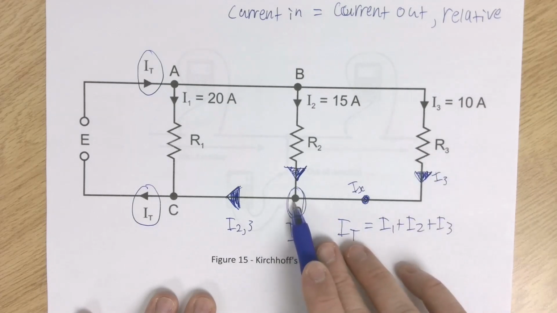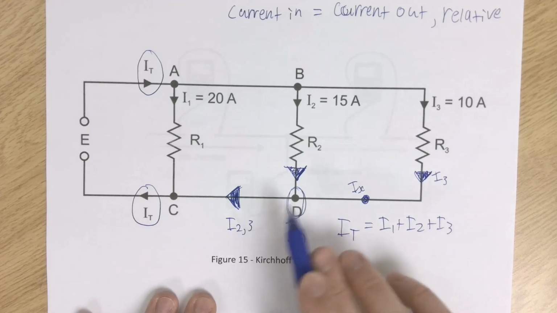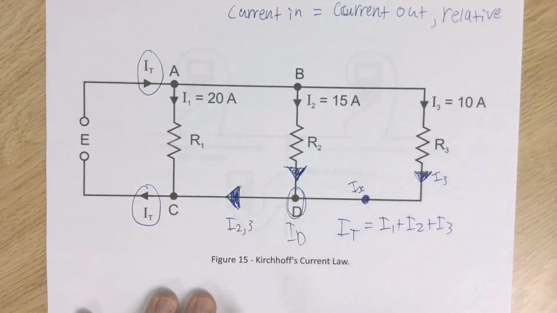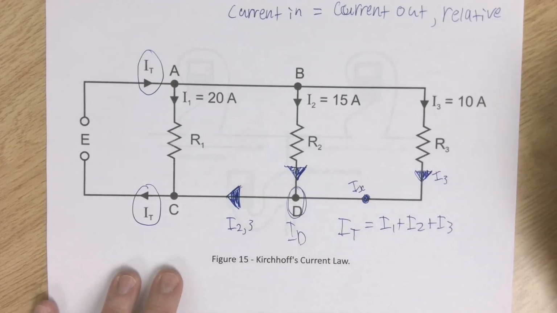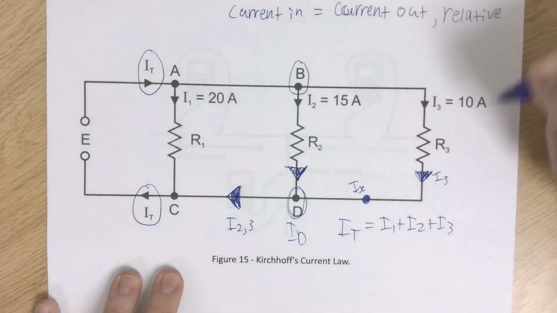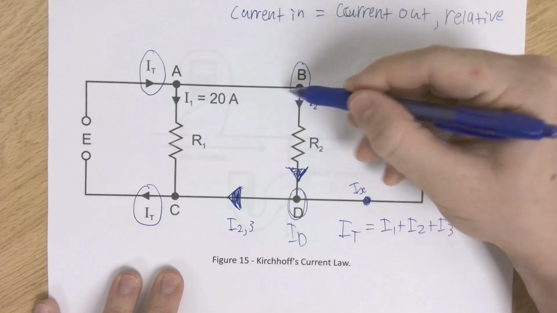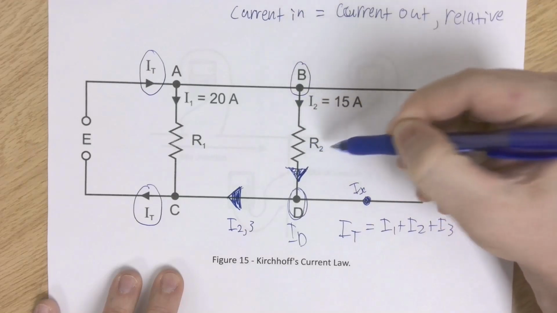But at this node and beyond, I have R2 and R3. So if it asks you about the current at B, you're going to have 2 and 3, because at B it's just before it leaves this junction to R2.